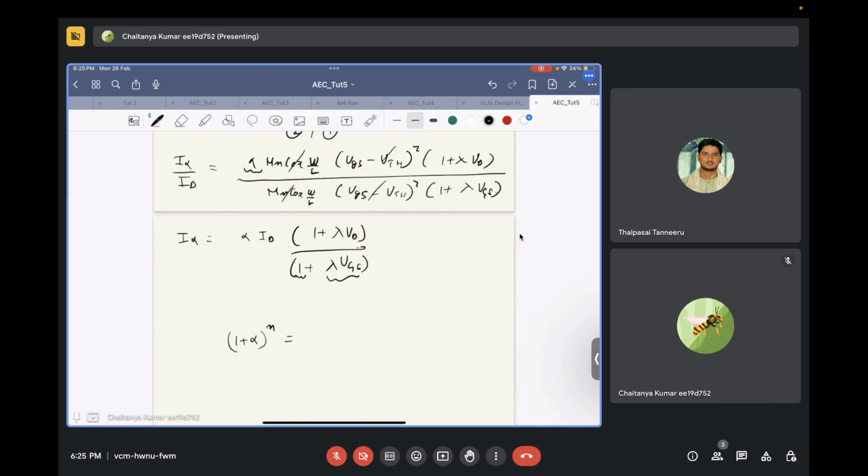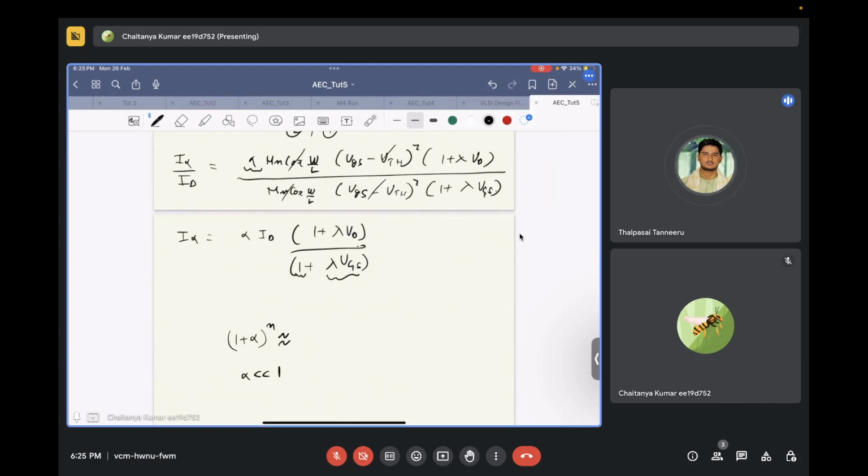Approximately, if alpha is much smaller than 1, so 1 plus alpha to the power n, how can it be written? No, no, alpha is much smaller than 1. So how can this term be written?